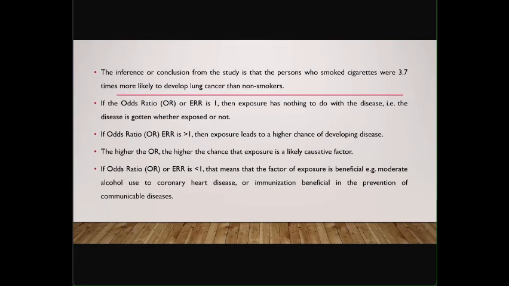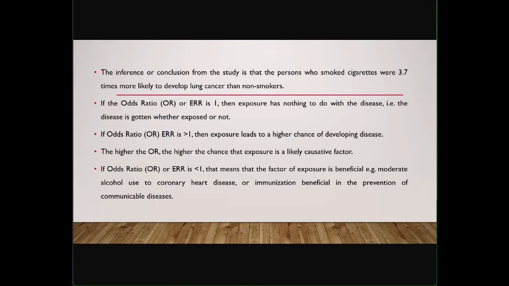So if among those who are smoking, 7 cases have lung cancer, and among those who are not smoking, 7 cases have cancer, then we can tell you, it is not smoking that caused the lung cancer. Because 7 over 7 is 1. Whenever the estimated risk or odds ratio is 1, then that factor of exposure has no relationship with that disease.